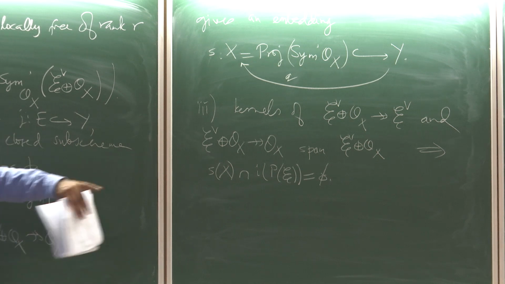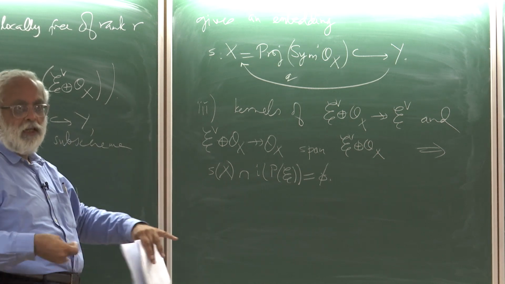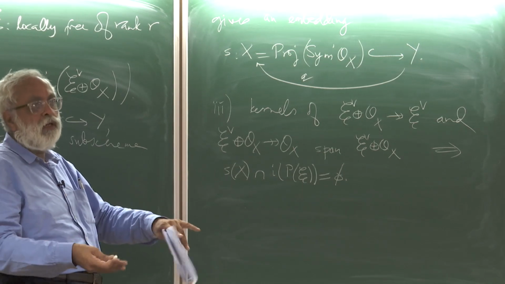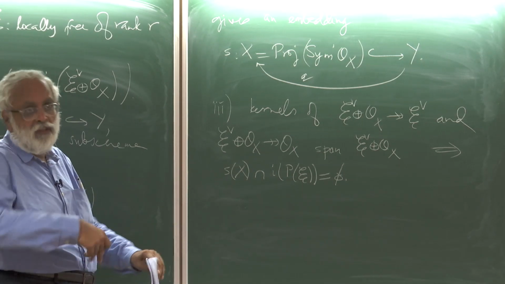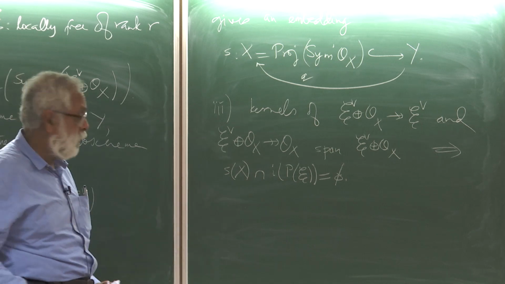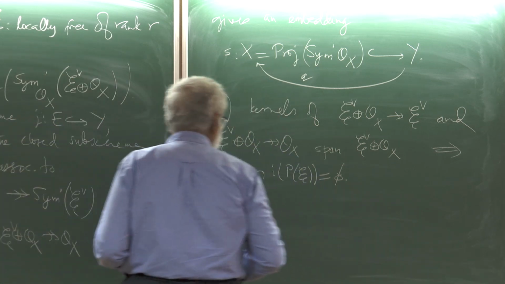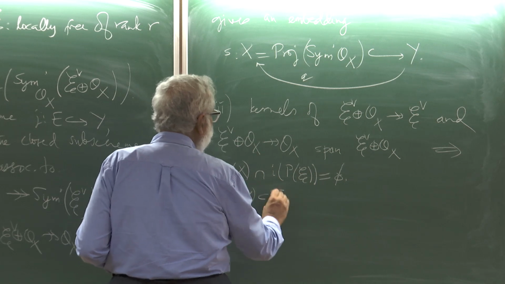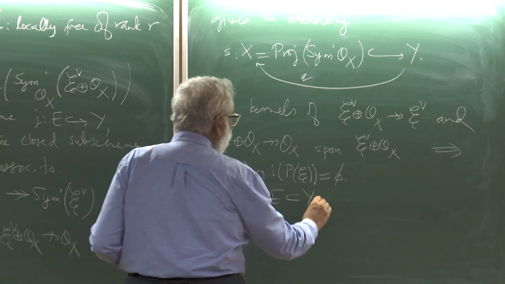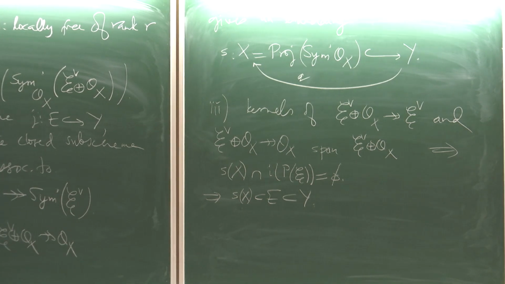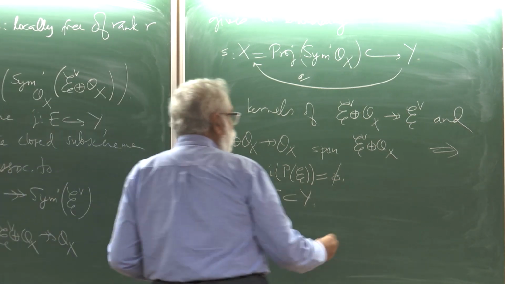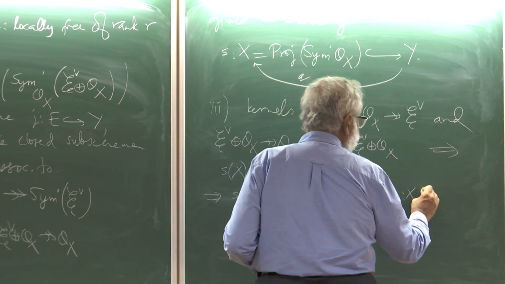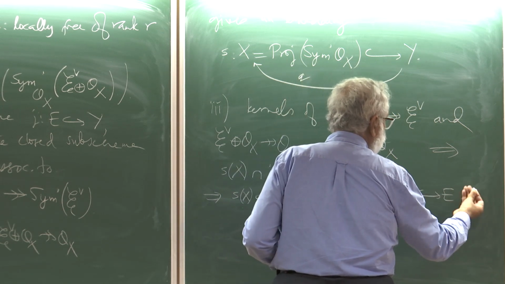And if I have two subschemes given by two ideals in a graded context, and the ideals together generate, well, not the unit ideal, but the irrelevant ideal, that's good enough, or even the radical generated would have been sufficient. So this is correct. Therefore this implies that S(X) is actually contained in the open E contained in Y. So I'll let S_E: X to E denote this map.